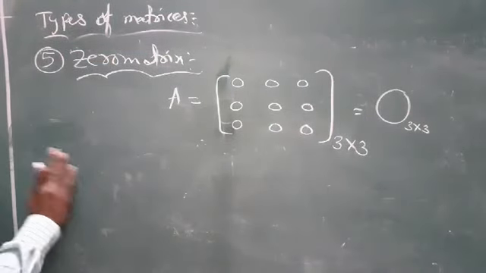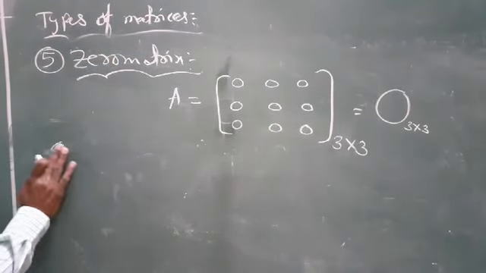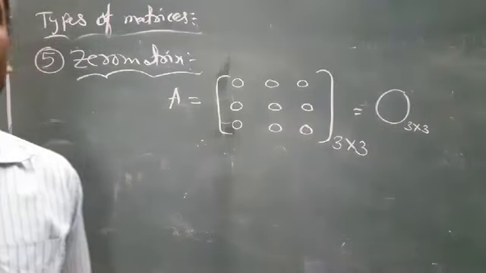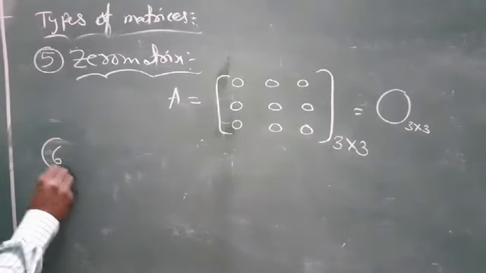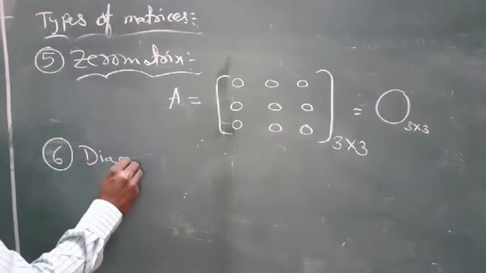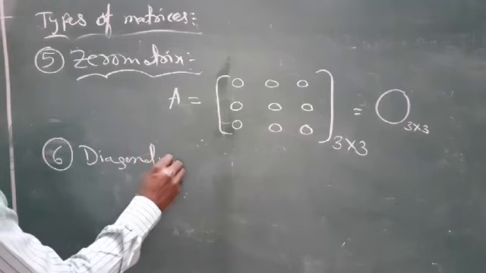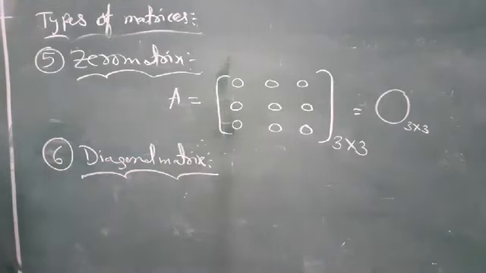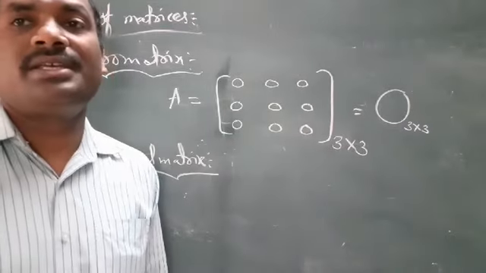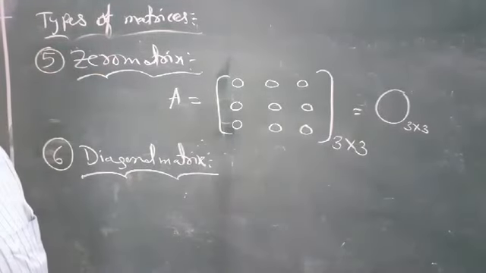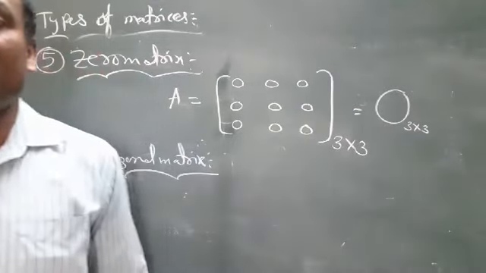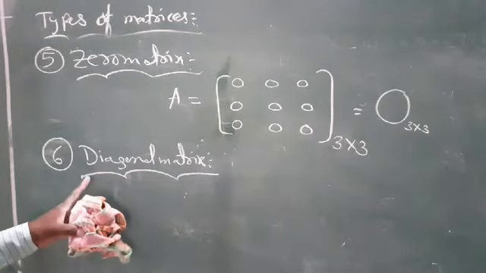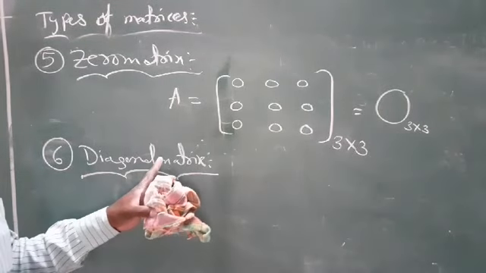Next one. Most very important definitions. Diagonal matrix. A square matrix is said to be a diagonal matrix. Why, sir, are you saying a diagonal matrix must be a square matrix?